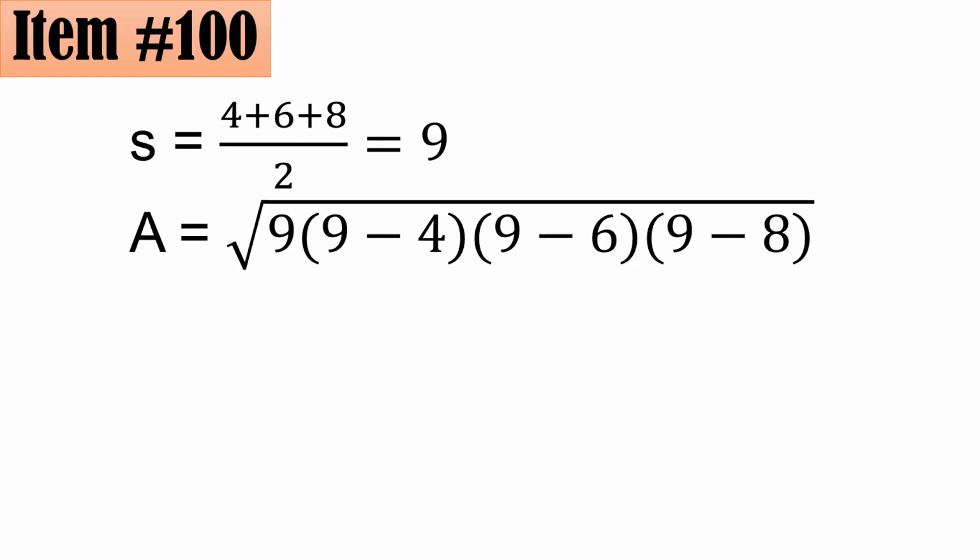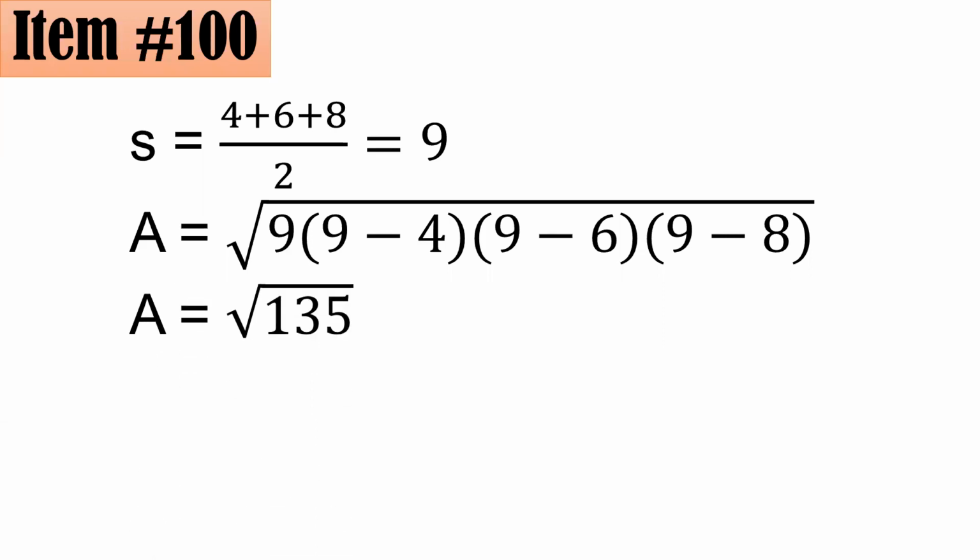And the formula is also telling us that A is equal to the square root of the quantity 9, the semi-perimeter, times the semi-perimeter subtracted by each of the three sides of your triangle. So 9 minus 4, 9 minus 6, and 9 minus 8. Then multiply them all and get the square root.